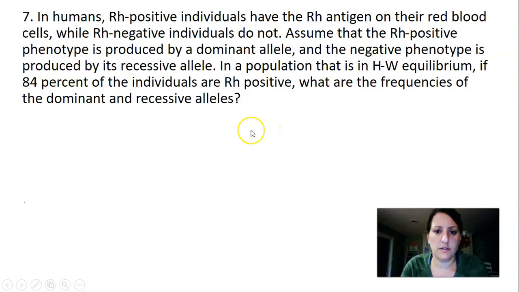So, question 7 here. In humans, Rh positive individuals have the Rh antigen on their red blood cells, while Rh negative individuals do not. Assume that the Rh positive phenotype is produced by the dominant allele. So dominant allele gives you Rh positive, and the negative phenotype is produced by its recessive allele. So recessive allele, negative.